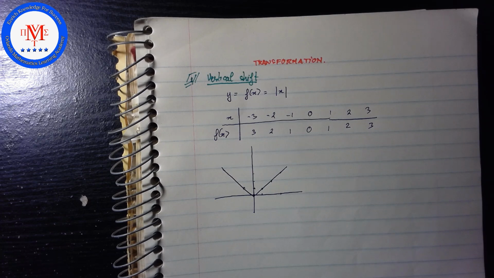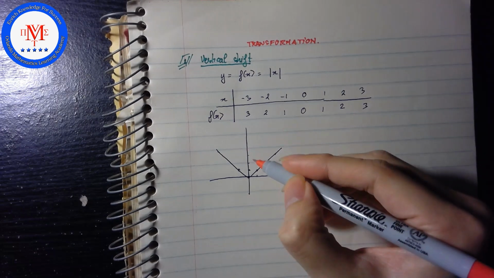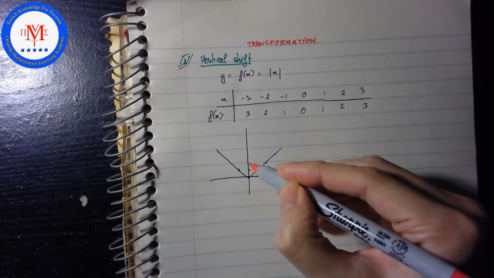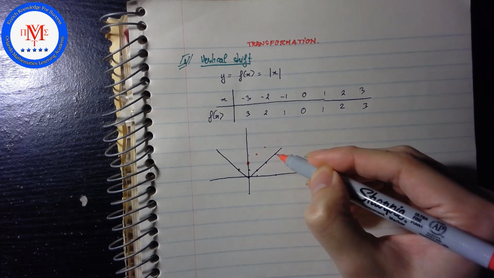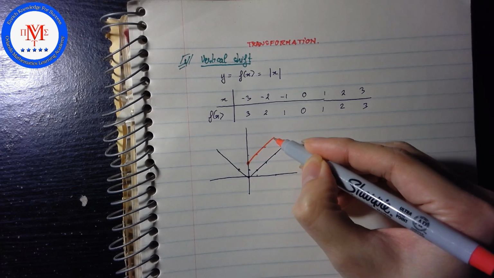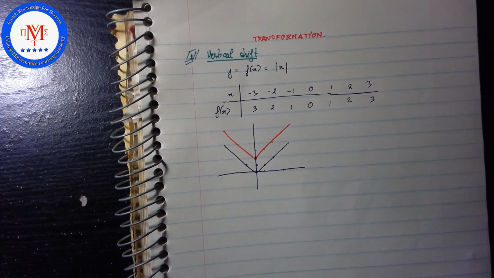If I want to shift 2 units up, then the new function becomes this: 0, 0 becomes here, 1, 1 becomes here, this point here becomes here, and so on. So we have the shape like this. You see that the shape is still the same. However, the characteristic and the position is changed.